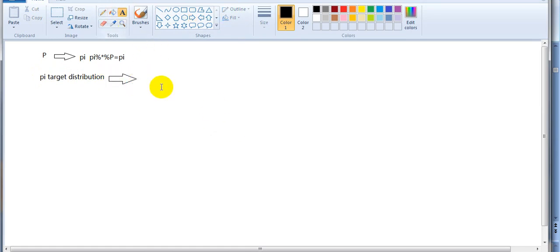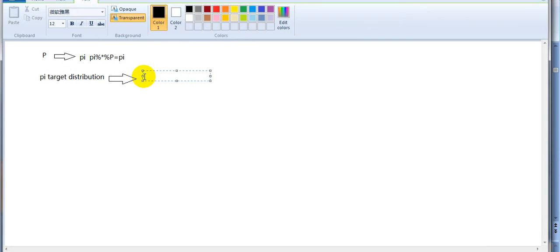So we're trying to find this P such that pi is the limiting distribution or the stationary distribution of this P. So you can see this is the reverse problem.